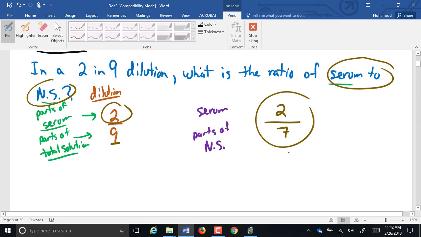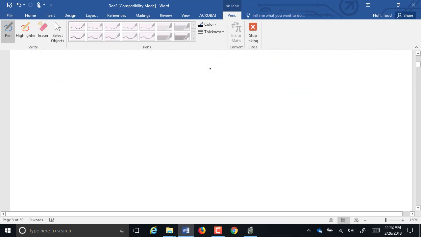And we could use those dilutions for mixing different solutions. We might ask, how much 1:8 dilution can be created with 30 milliliters of serum?